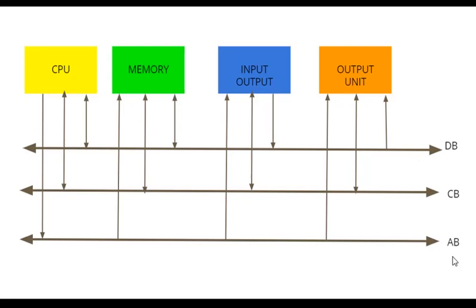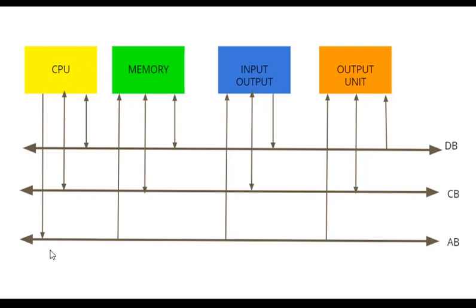So address bus, as we have learned, it is a unidirectional bus. So the data flows from the microprocessor to your memory and IO devices. Since the data flows from the microprocessor, you can see there is a unidirectional flow from your CPU, that is microprocessor, to your address bus.